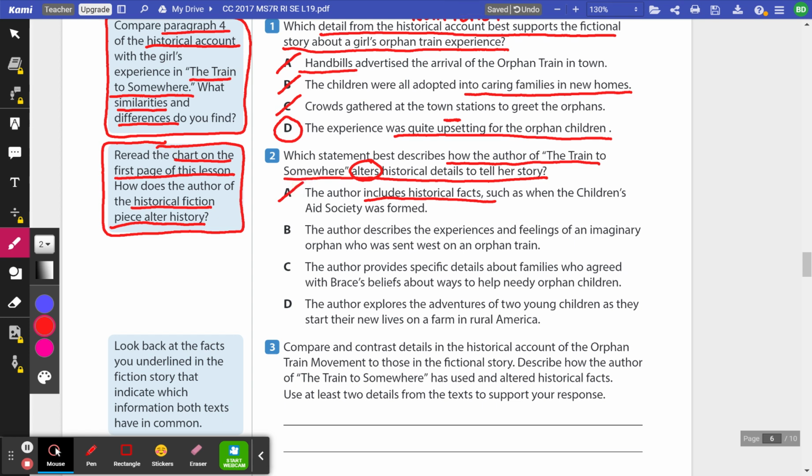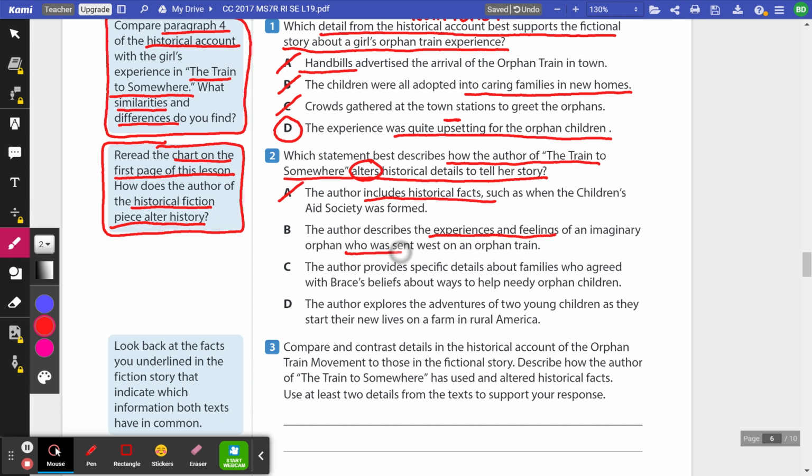So now let's look at B. The author describes the experiences and feelings of an imaginary orphan who was sent west on an orphan train. Well, we know that in this answer choice, it's probably talking about the girl, right? Who's our main character, the one who's telling the story. And we know the author does describe her experiences and feelings.